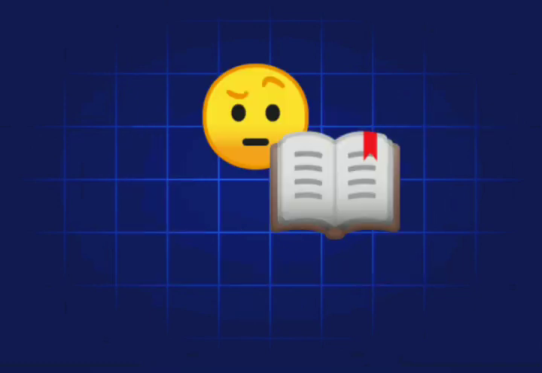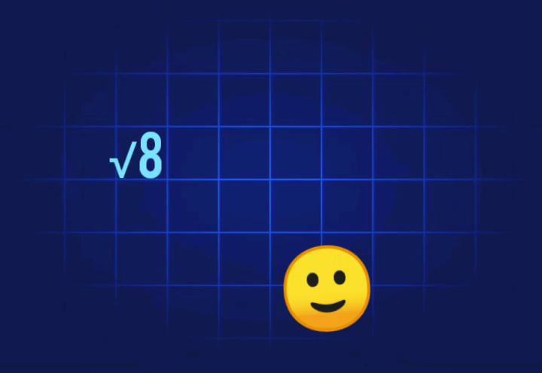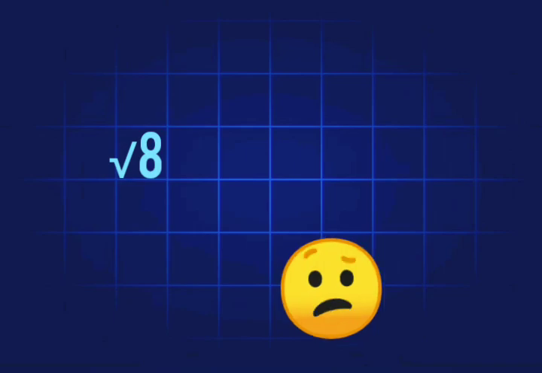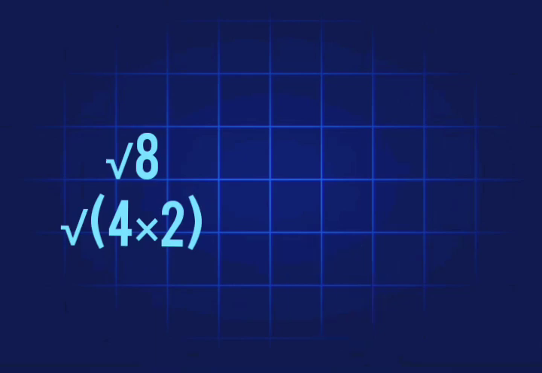But here's another question. Can surds be simplified? Well, absolutely. Consider the square root of 8. At first, it might look like we just have to leave it alone. But 8 can be written as 4 multiplied by 2. And the 4 is a perfect square, right?